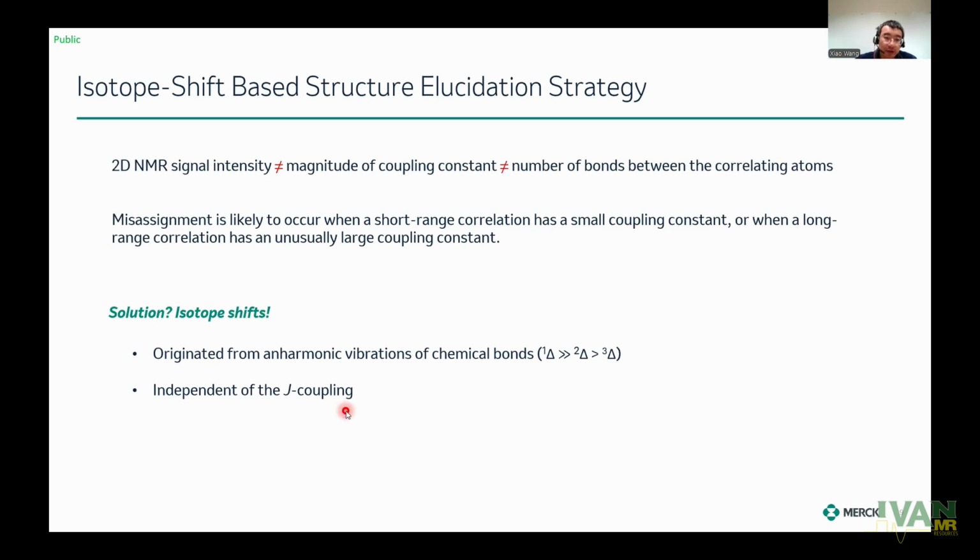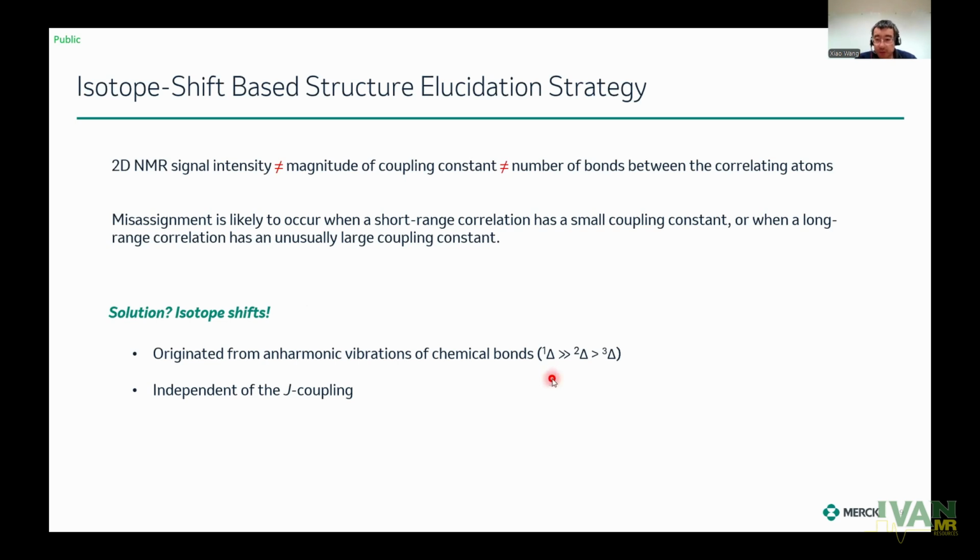Isotope shift originates from the harmonic vibrations of chemical bonds. Because it originates from vibrations, the one-bond isotope shift is huge because it's directly the bond stretching contributing to the isotope shift.